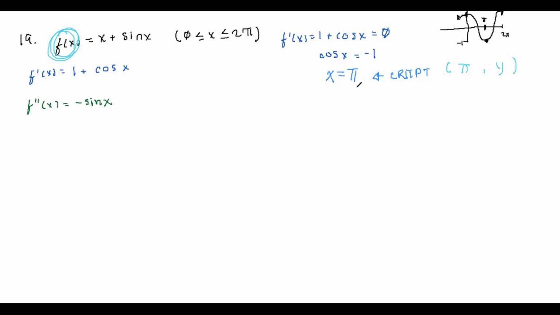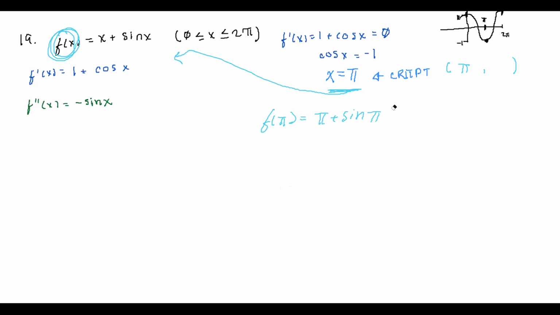This is what we were talking about earlier when you said if I have x of pi and I need to find out what it is as a coordinate point in the original function, I say this is f of pi, which is equal to pi plus sine pi. Yeah?